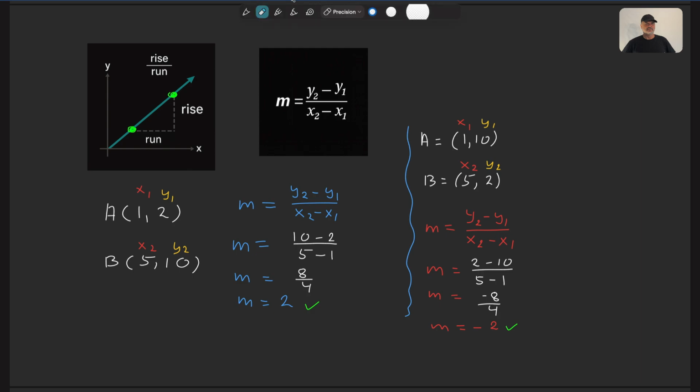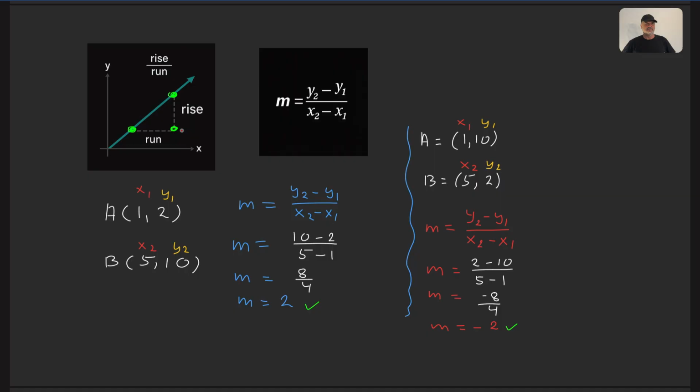So if I grab a little dot right here, I'm going to emphasize the following, that the horizontal distance is from the first x coordinate of the first point to the x coordinate of the second point.